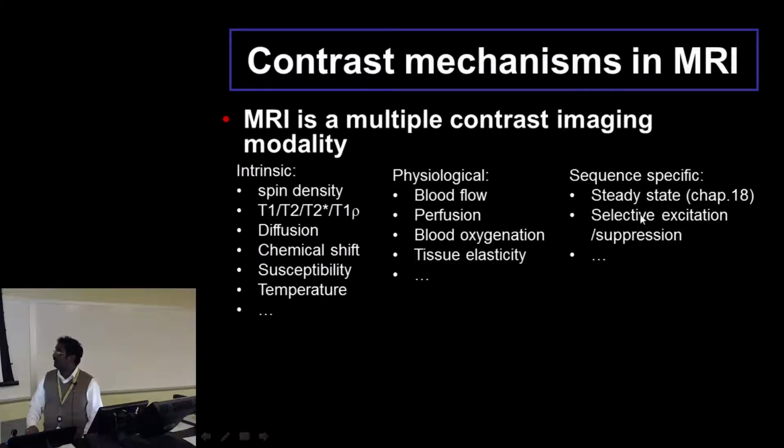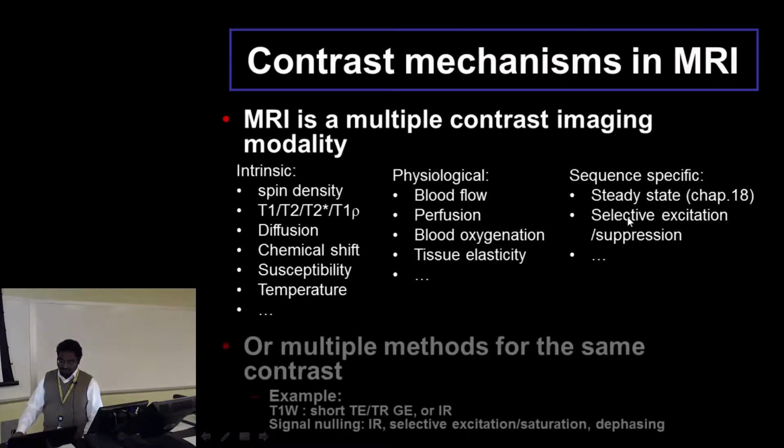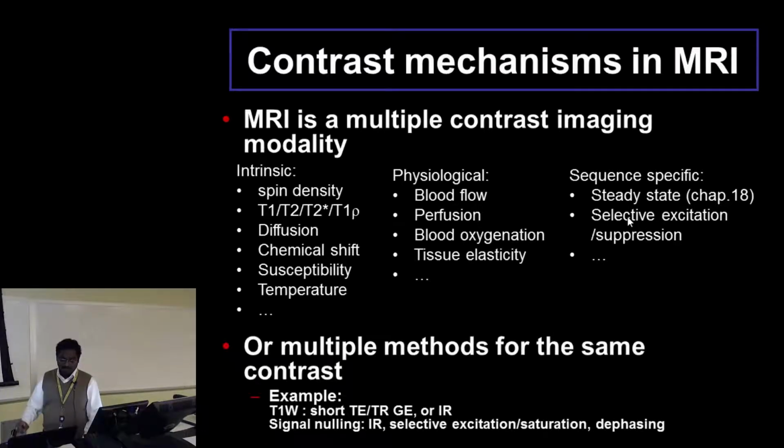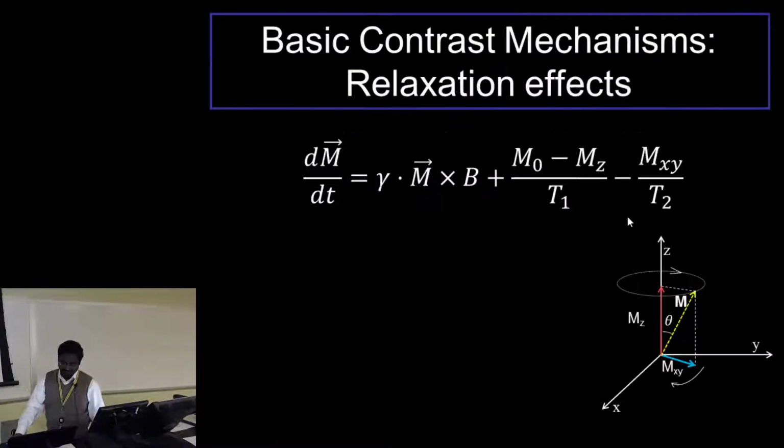You can selectively suppress the tissue, or do steady state imaging. The other options are basically just selecting and nulling the tissue. And there are other types of contrast, as you will see being discussed in the course of this course, basically.